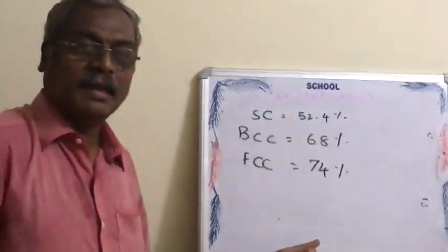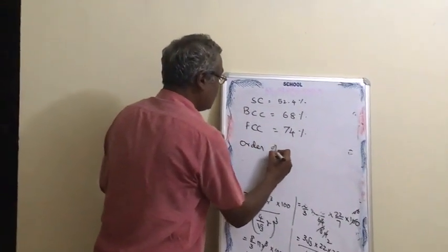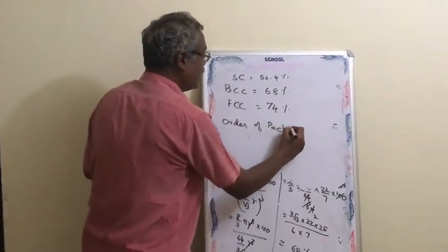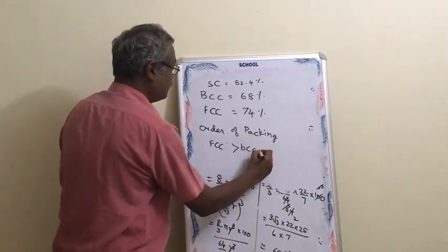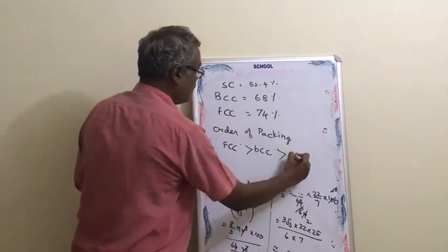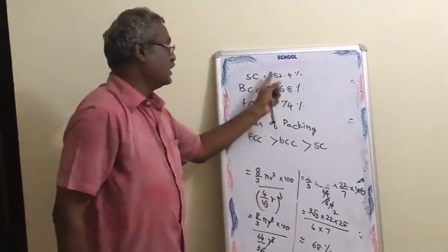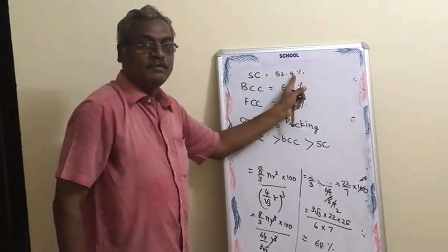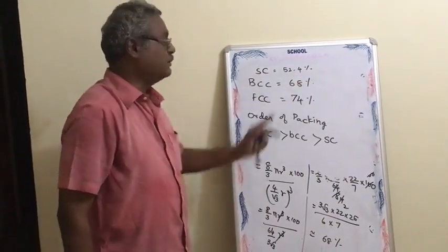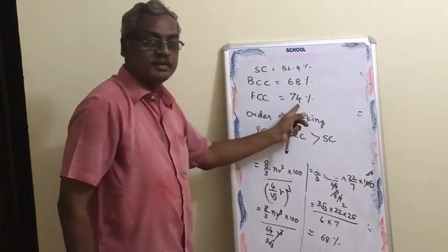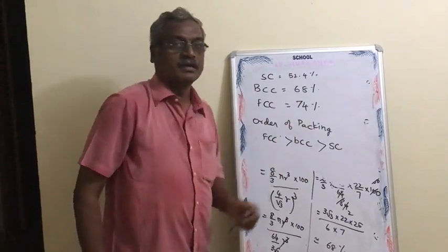So which is closely packed? What is the order of packing? FCC is most closely packed, then it comes to BCC, then simple cubic. What is the meaning? In simple cubic, a lot of empty spaces are there. Only 52.4% is occupied by the particles, the remaining are empty spaces, whereas in FCC 74% is occupied by the particles.